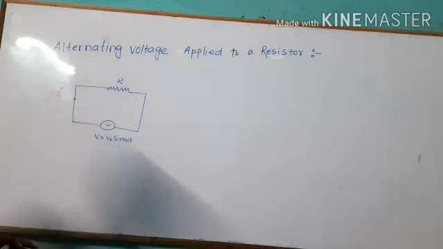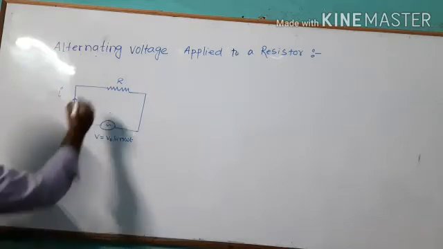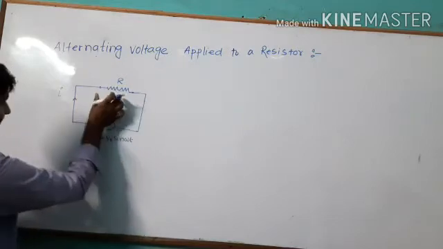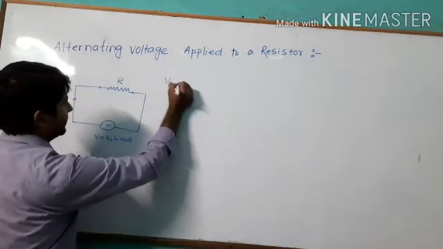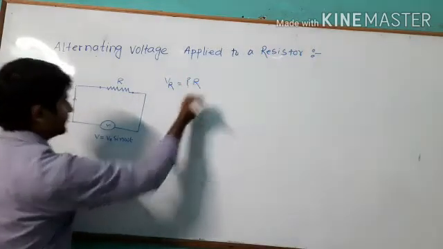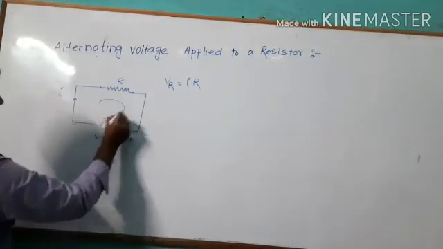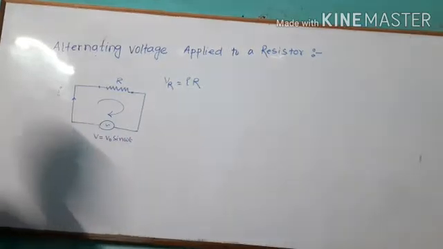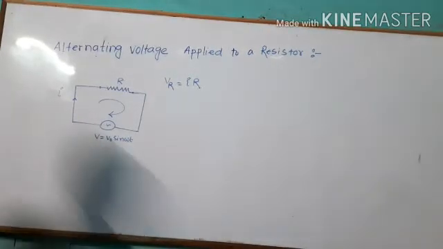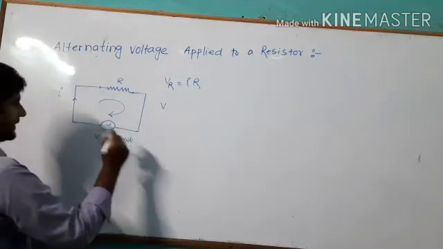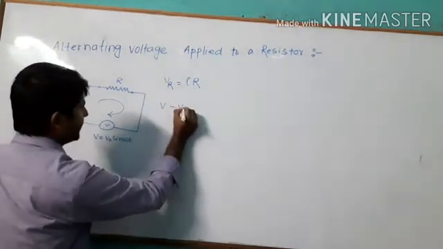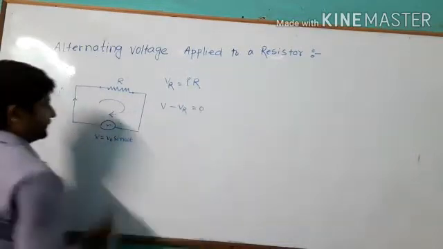So from Ohm's law, we can write the voltage drop across this resistance. It is clear that VR equal to I into R. Now, if we apply Kirchhoff's law in this circuit, using KVL, V minus VR equal to 0.